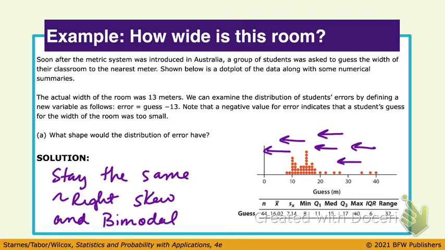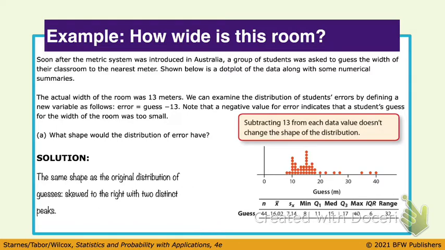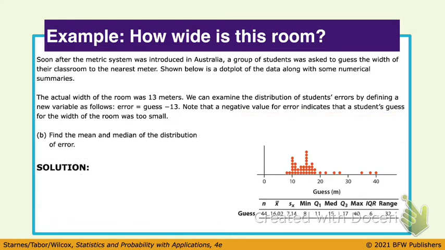All right. What would happen to the mean and the median? If I take this entire distribution and I shift everything down 13, then guess what? That's going to take my balance point, which is currently at 16.02, and shift it down by 13.